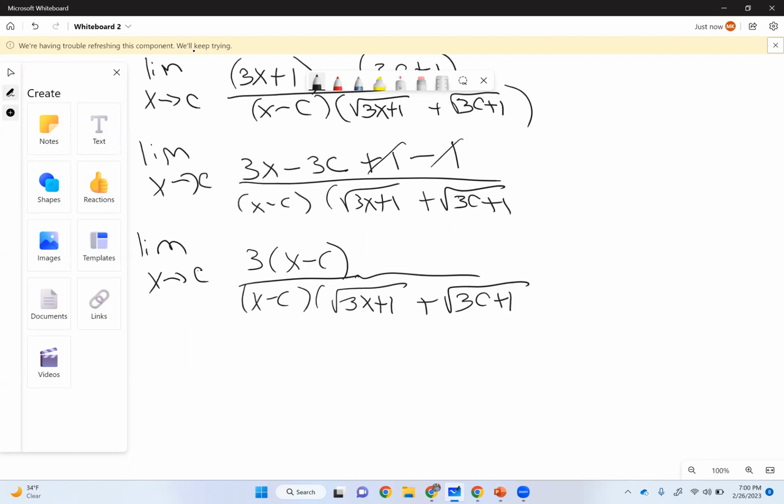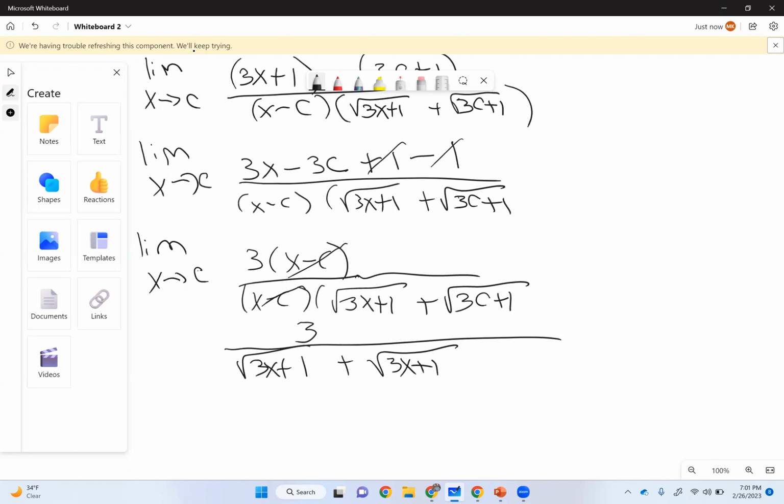Holy schmoly, look what happens. These x minus c's cancel. Now, if x is approaching c, wherever we see a c, we can replace it with an x. So let's put an x right there. So we have 3 over radical 3x plus 1 plus radical 3x plus 1.